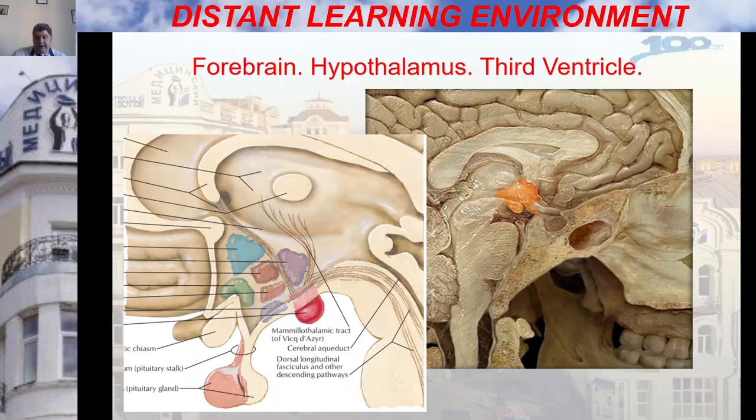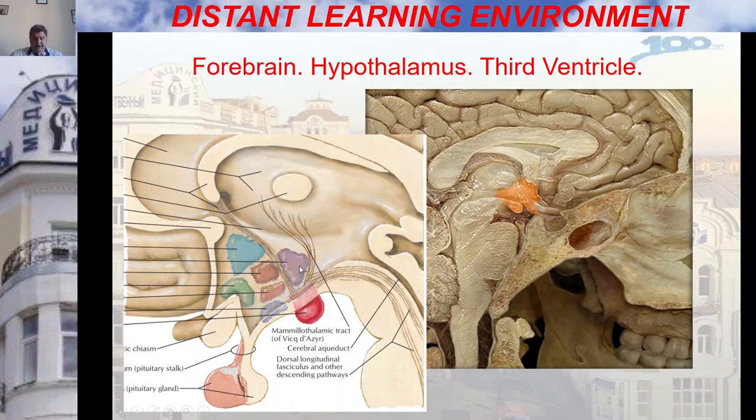So this first part, the anterior hypothalamus, includes the chiasma opticus and tuber cinereum with hypophysis. And the posterior part is the olfactory part, consisting of the mammillary bodies. You may see these bodies in red color, and the subthalamic region.